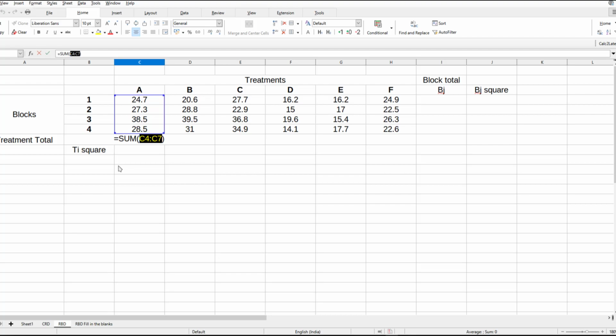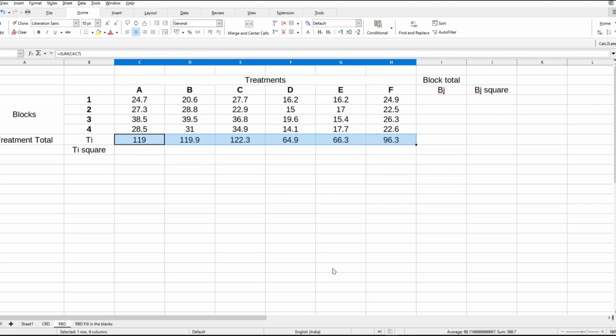So I will calculate. The total of treatment A is 119, and I will do the same calculation for the rest of them.